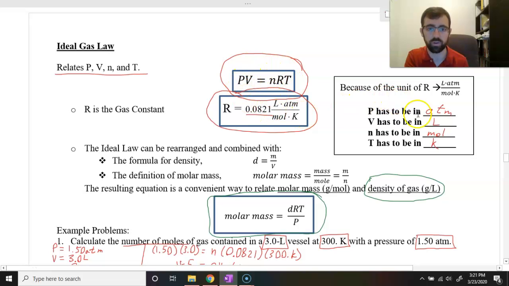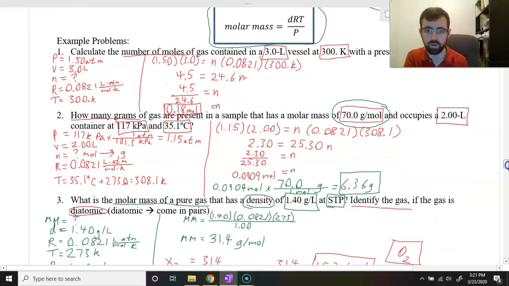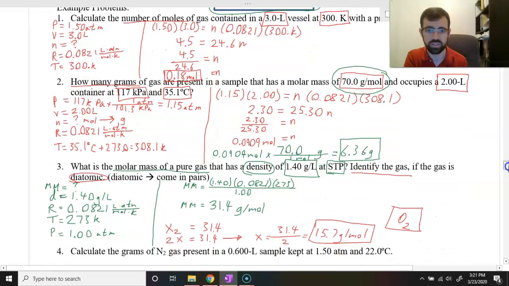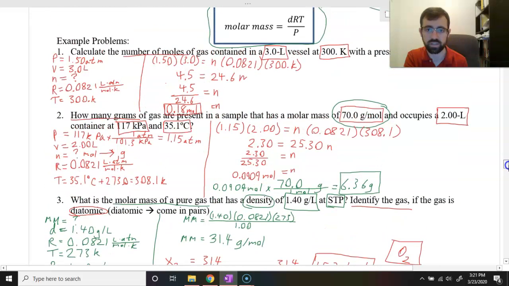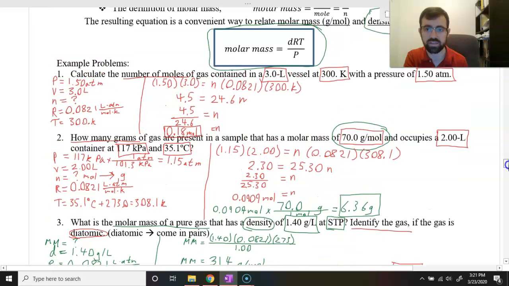Don't forget, always convert your values to be pressures of atmospheres, volumes liters. N will be moles, T is K, Kelvin. You can go between moles and grams. Just check carefully to make sure you're answering the questions in the way that it asks.